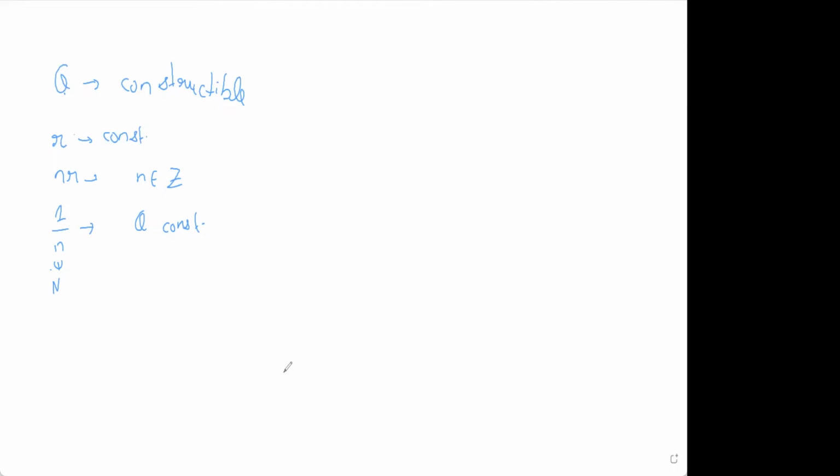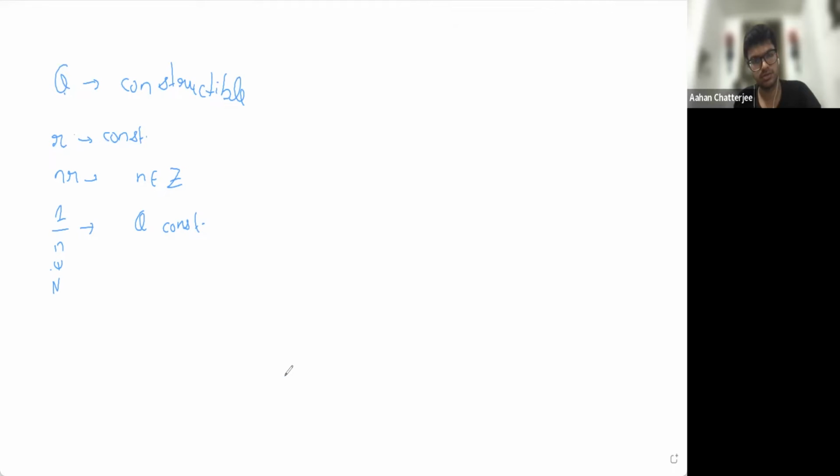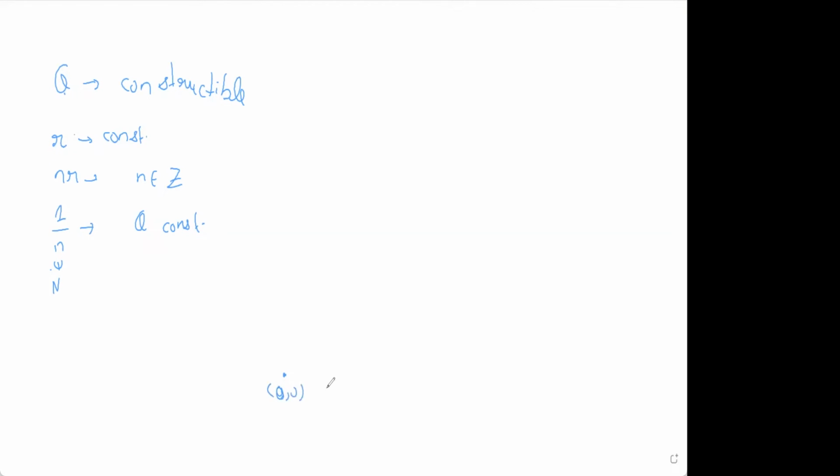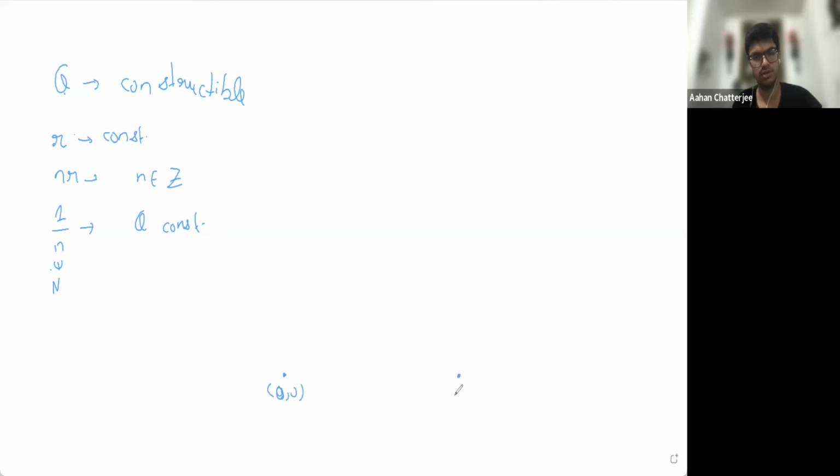Yes. Okay, so the idea to show 1 upon N is constructible is you consider the origin (0, 0), the point (N, 0), the point (0, 1), and (0, -1). Now consider this triangle.